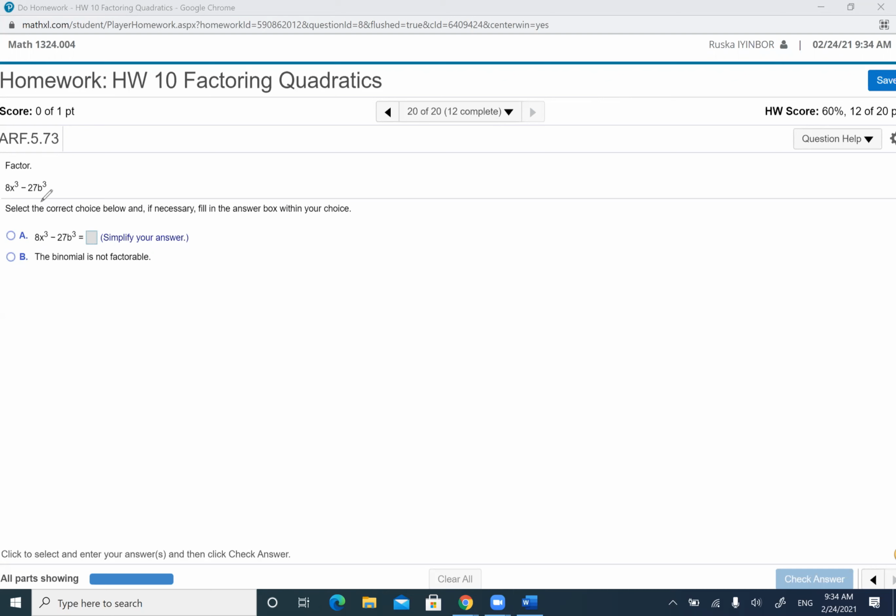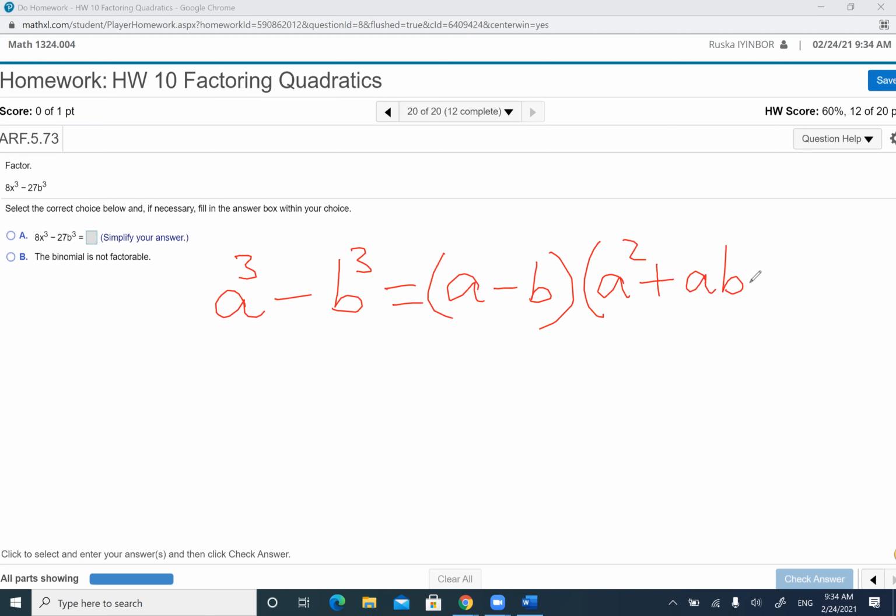So you have a cube and b cube. So the formula for cube is this, a cube minus b cube is a minus b. So we're going to take the cube root to get a and b. And then a squared plus ab plus b squared. So that's how you factor it.